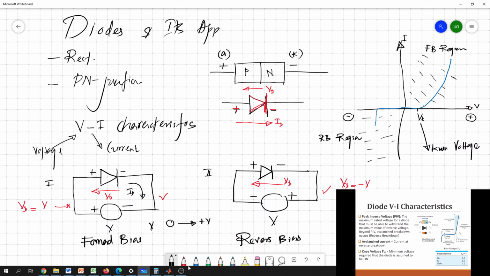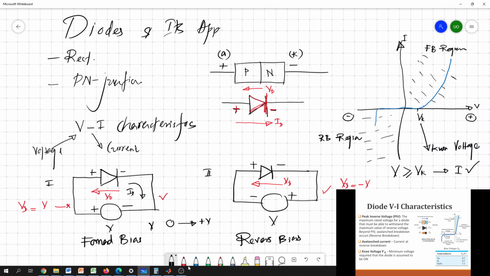You have to apply a voltage greater than VK. If the applied voltage across the diode is greater than or equal to VK, you can see a current flow through the diode. Otherwise you can't see any current flow.